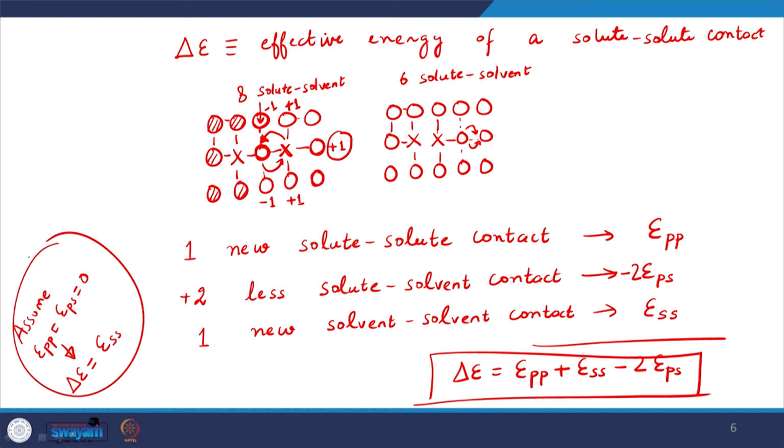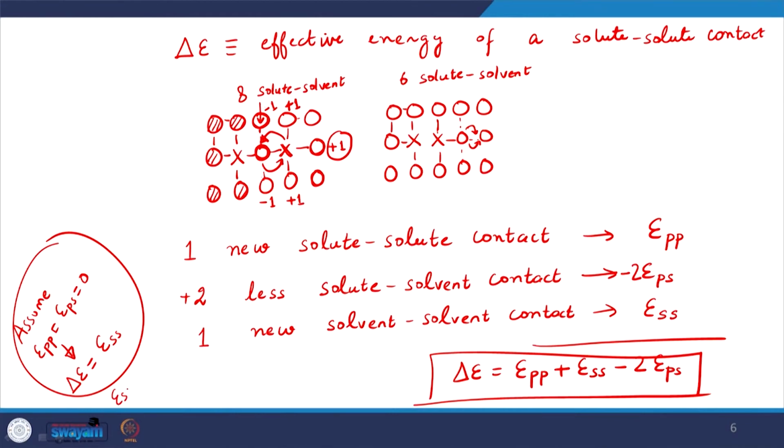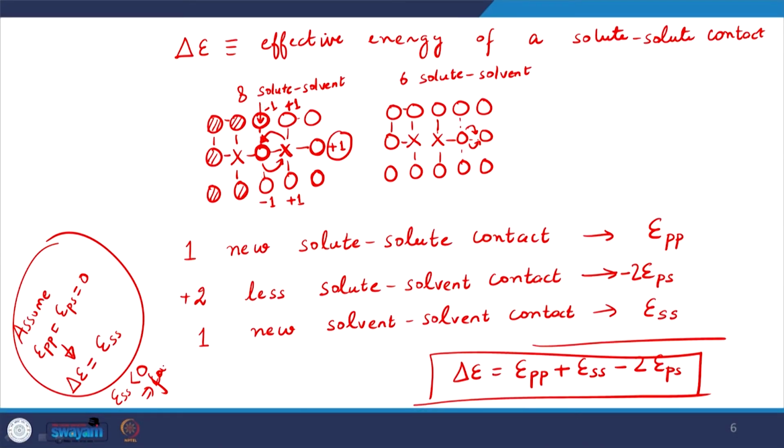So, even though there is no energy change because of the solute itself, because the interaction energy of solute with solvent or other solute is 0, since the solvent-solvent contacts are changing, there is an energy change when 2 solutes come together. And when this energy change is negative, then we can say that the solute-solute contact is favored. On the other hand, if this energy change is positive, then it is clearly not favored.